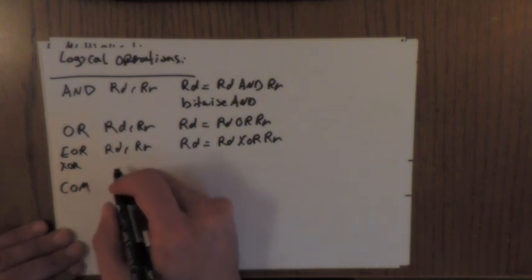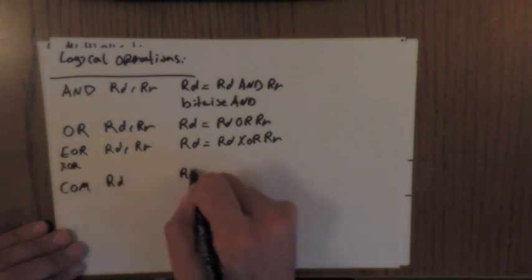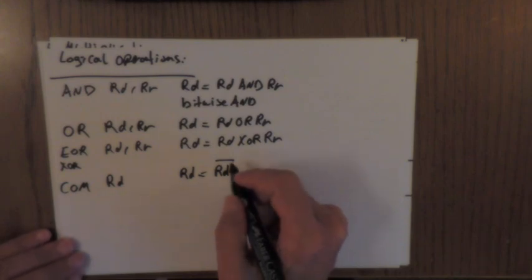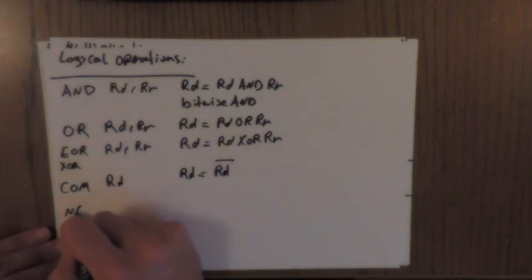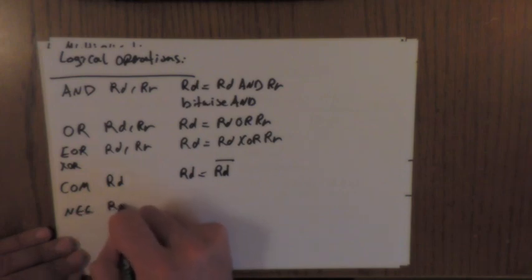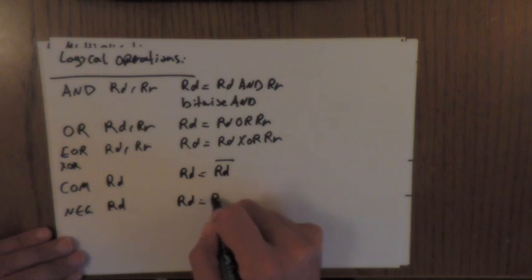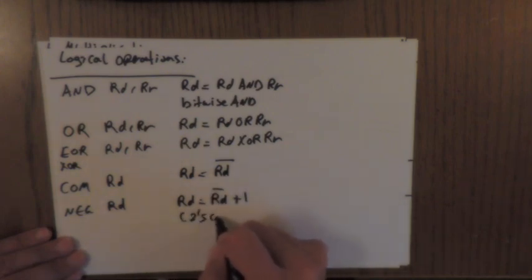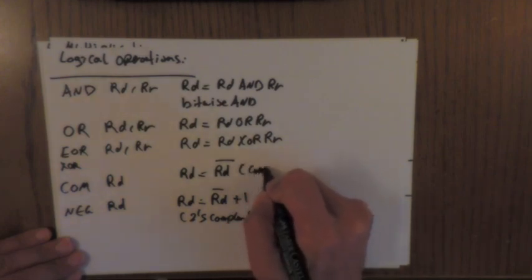It takes just one register, and what it does is flip the bits. We have also the negative, and this does the 2's complement. This is just the complement.